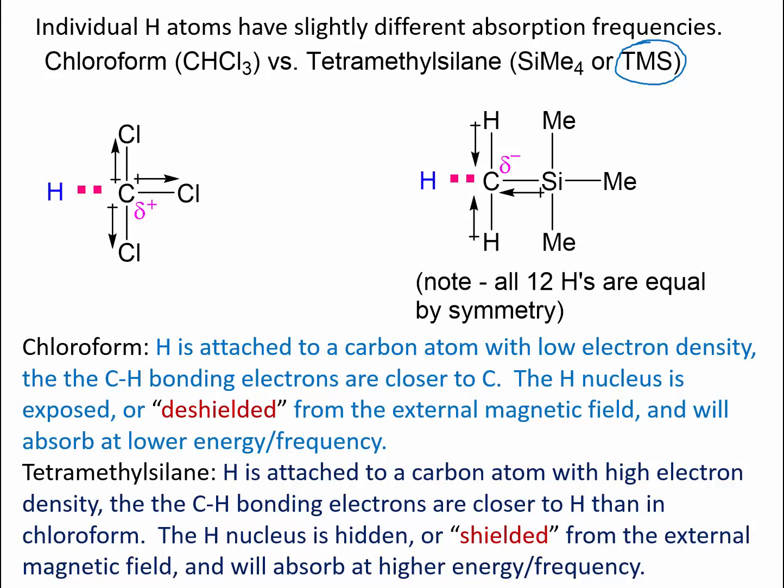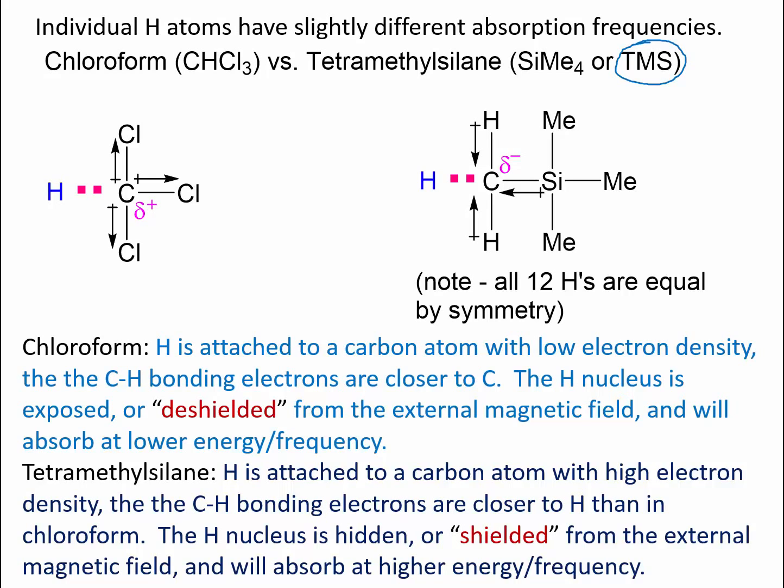These hydrogens are also less electronegative. Notice that I've emphasized one hydrogen, but all 12 of the hydrogens in tetramethylsilane are actually equal to each other by symmetry. So this hydrogen is attached to a partially negative carbon, and these electron pairs are going to be spending more time around hydrogen.